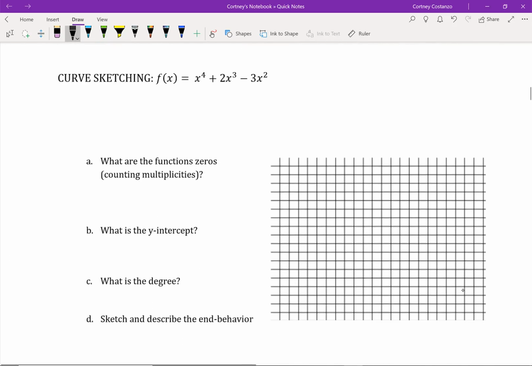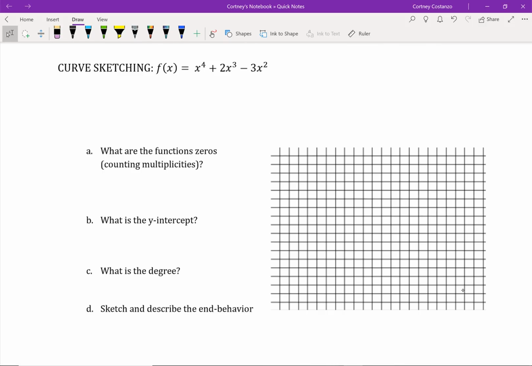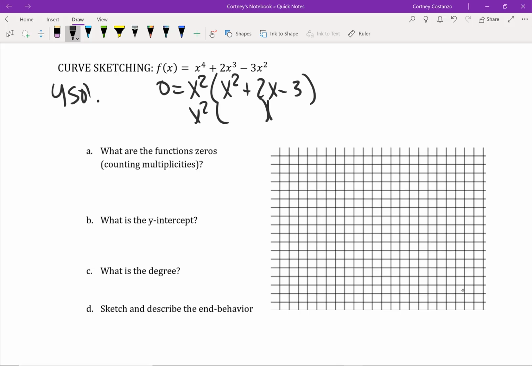All right, last little bit here, curve sketching. Curve sketching is actually where everything kind of comes together. This is a degree 4, so I should be expecting 4 solutions. If I factor this out to find my zeros, I get an x squared as a GCF, x squared times the quantity x squared plus 2x minus 3. Then x times x, 3 times 1 is 3, positive 3 minus 1, t-chart it up.